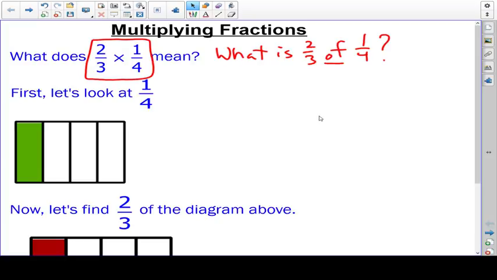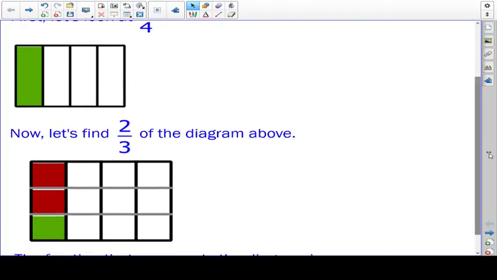A quarter is when we have 4 equal-sized areas, and one of them is shaded.